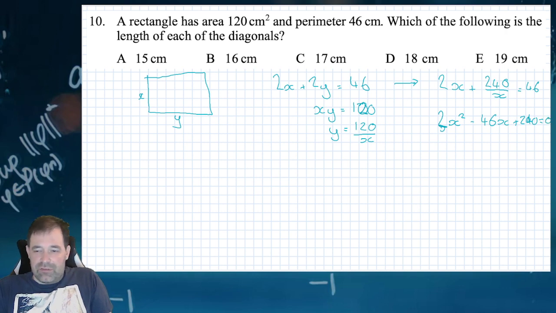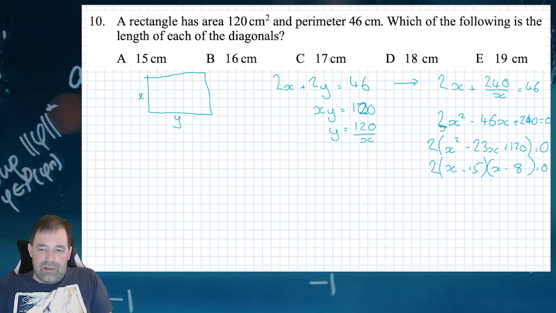My guess is it factorises because it's a non-calculator paper. We'll take a factor of 2 out first, so we've got x squared, take 23x plus 120, and that is 15 and 8, isn't it? So 15 times 8 gets us 120, but it also adds up to 23, so you're going to get x take 15, x take 8.